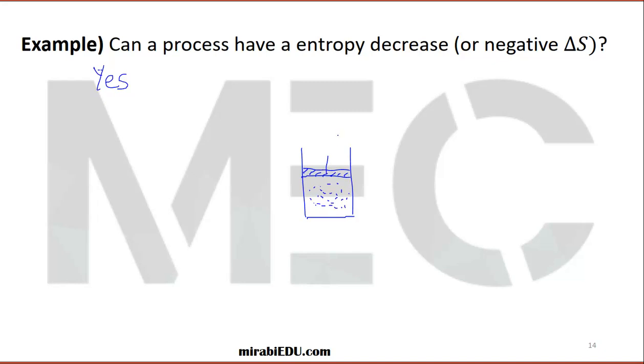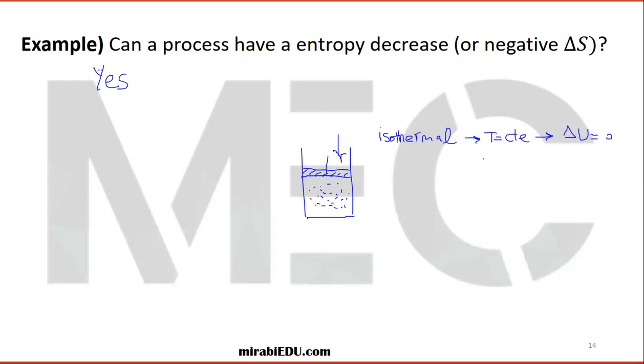So if you apply some work, consider this to be isothermal. When we have isothermal, temperature is constant, delta T is 0, and delta U is 0.